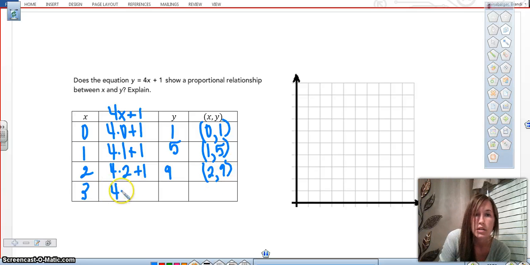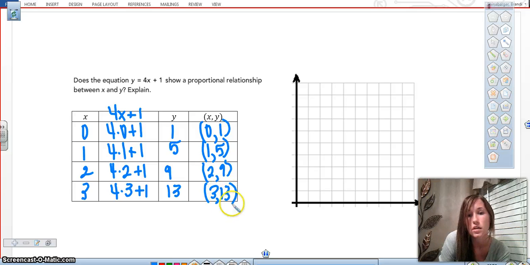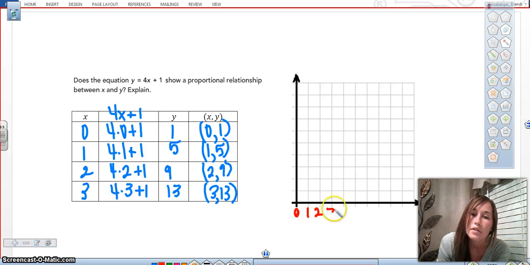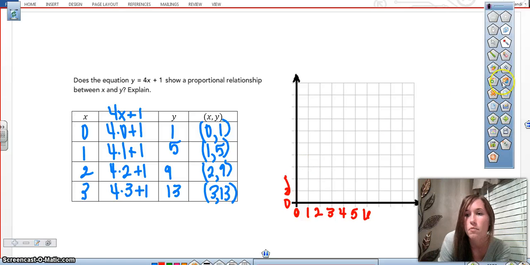And 4 times 3 plus 1 makes 13. So 3 with 13. So we put these values on the graph. Again, I think I'll go with 1s along the x-axis and 2s along my y-axis, just so I can fit everything in.